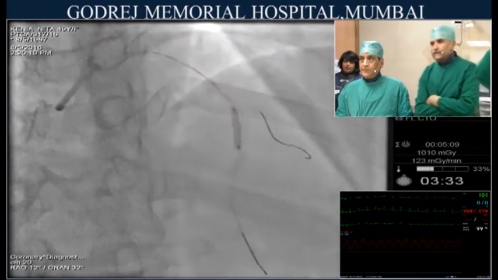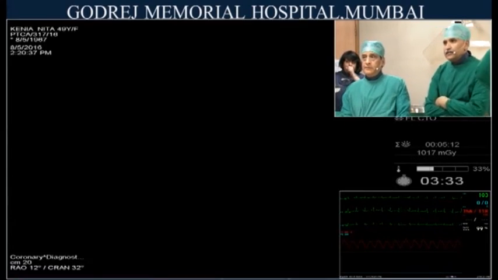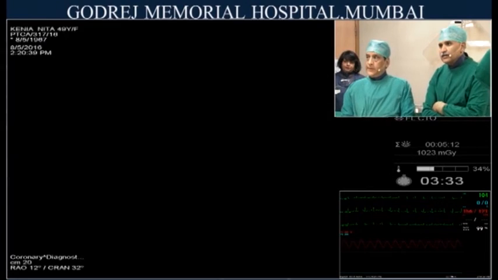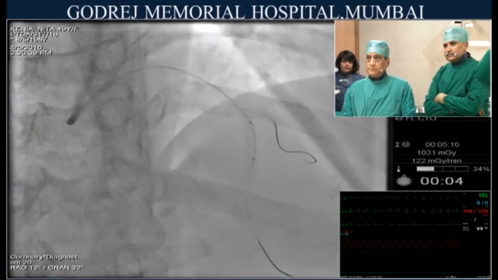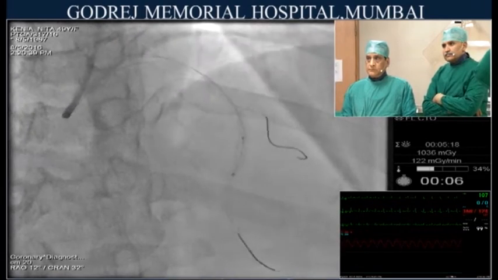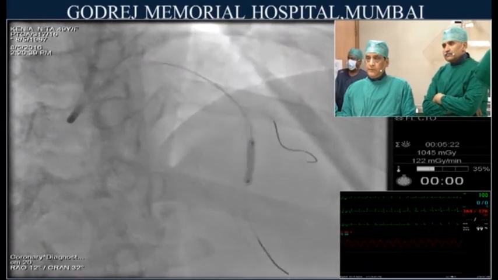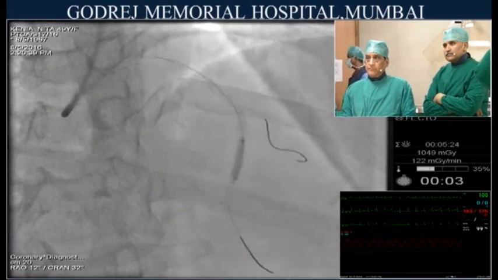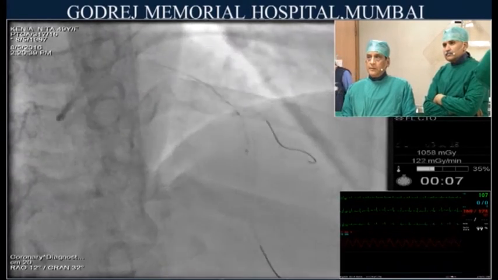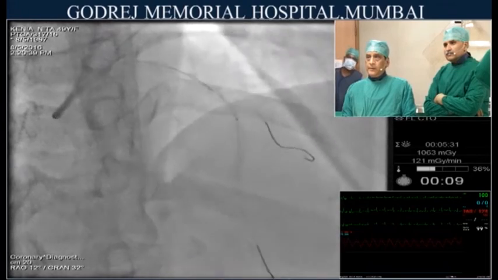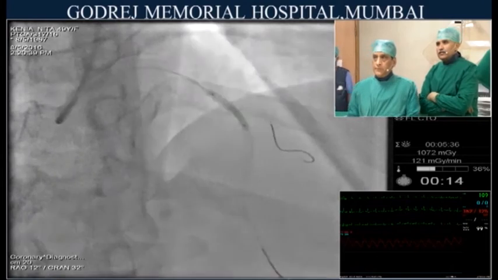6, 8, 10, 12, 14, 16, 18. Good. Okay, go up here. 12, 14. Okay, go up here. 20. 3.0 over 20.